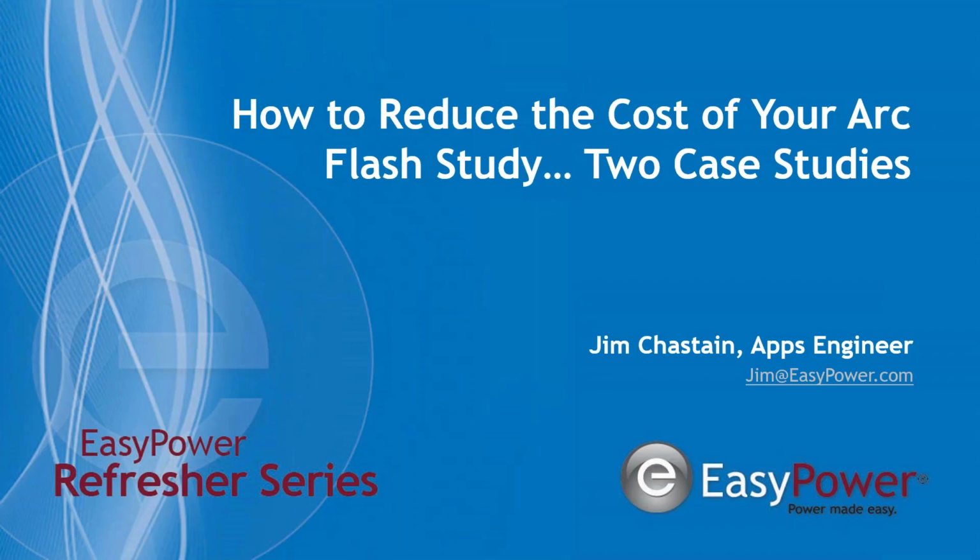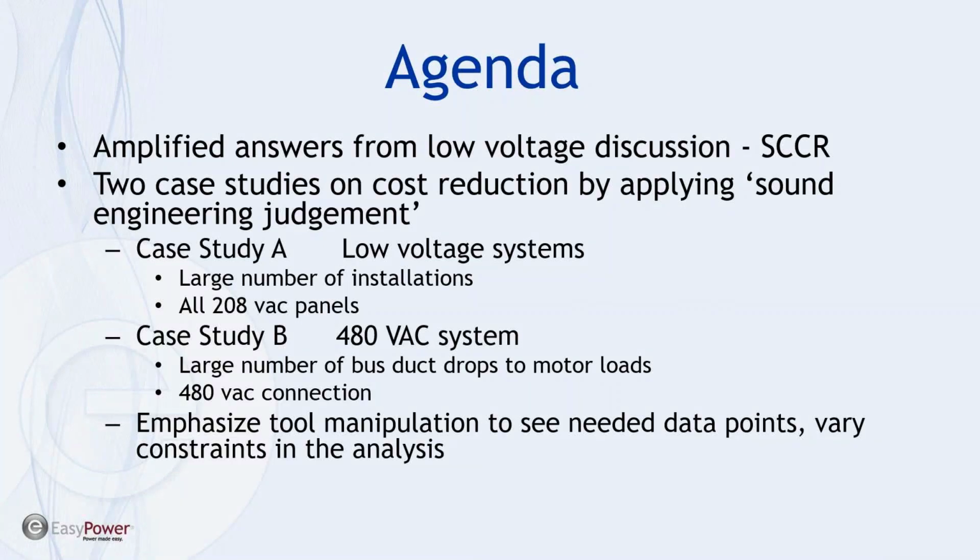So the agenda, to start with, we're going to talk a bit about some terms that came up out of the last discussion on low voltage, and we didn't quite cover as completely as I would have liked. And then we'll jump into the two case studies.